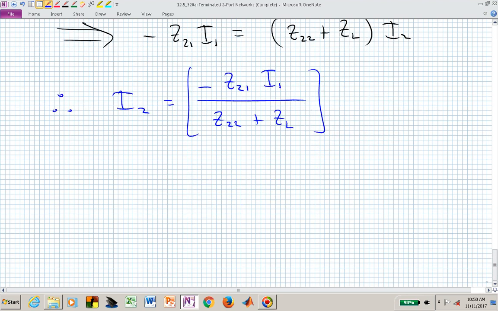That's going to help because now we can use this formula for I sub 2 in equation 1 to eliminate I sub 2.